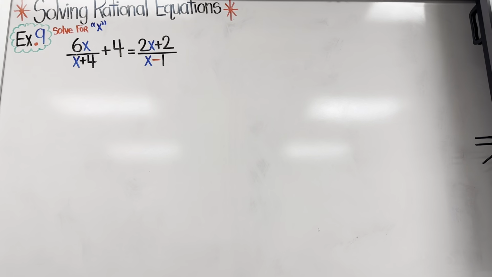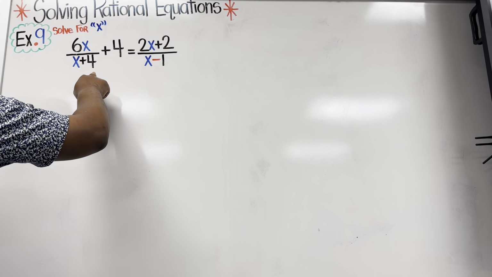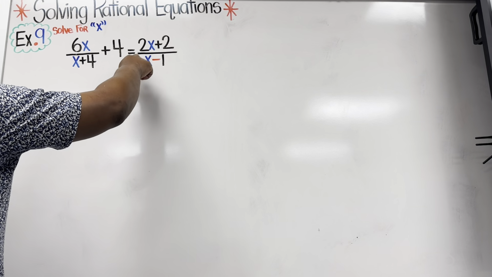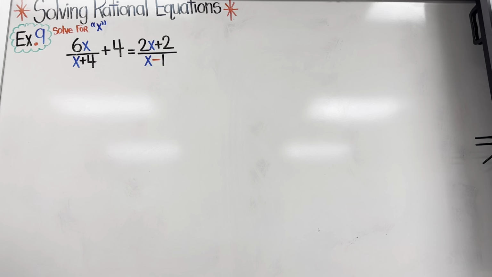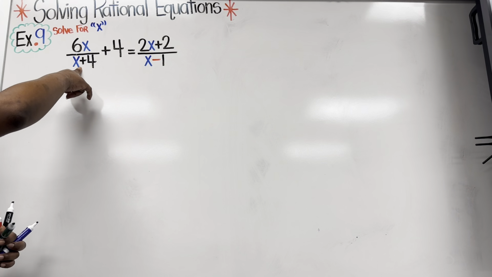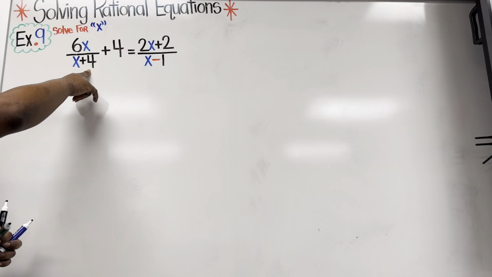All right? So in this rational equation, we have 6x over x plus 4 plus 4 equals 2x plus 2 over x minus 1. Now, remember, whenever we're adding and subtracting fractions, or expressions in fraction form, it's all about the least common denominator, or the LCD. This fraction has a denominator of x plus 4.